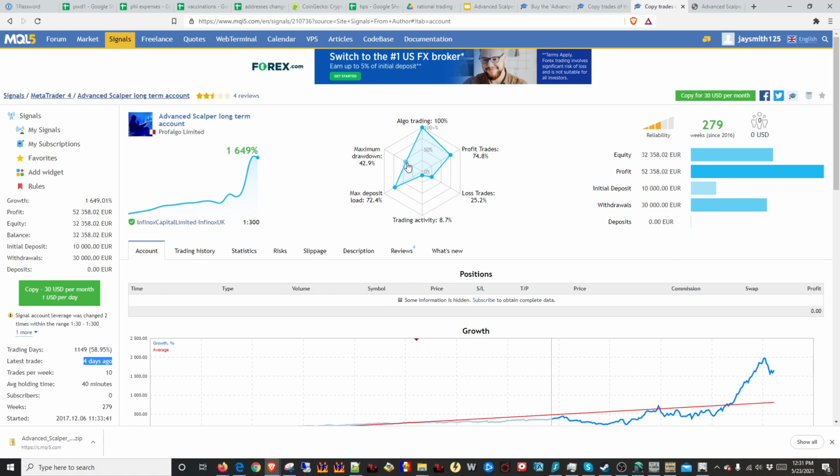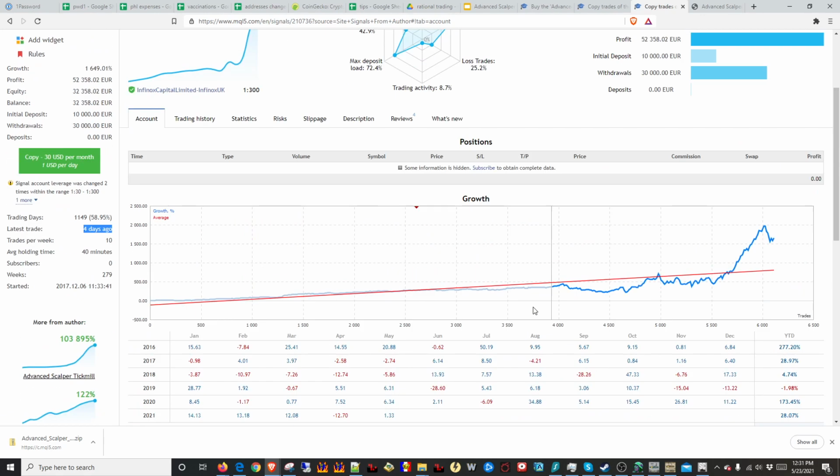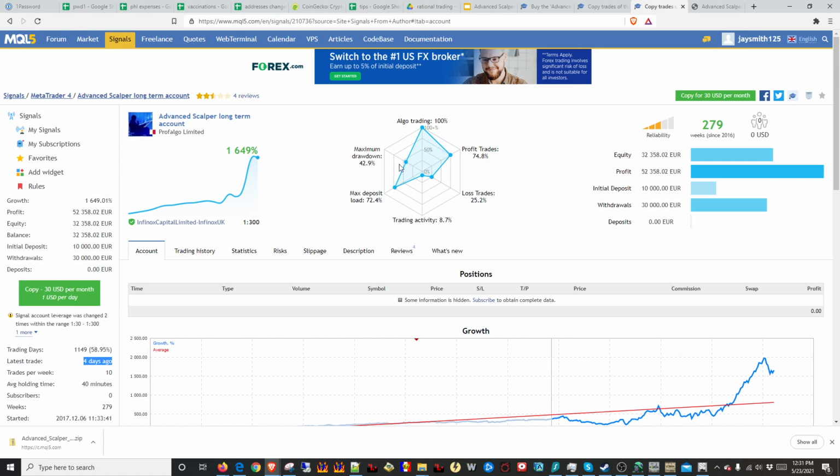So let's say drawdown of 43%, not bad. If you've survived since 2016, that's 5.5 years of survival, gaining, I don't know what this averages out to. I should have calculated it for you guys, but compounding plays a large role here, but probably gaining 5% a month, something like that. So quite good long-term survival, pretty darn good max drawdown.